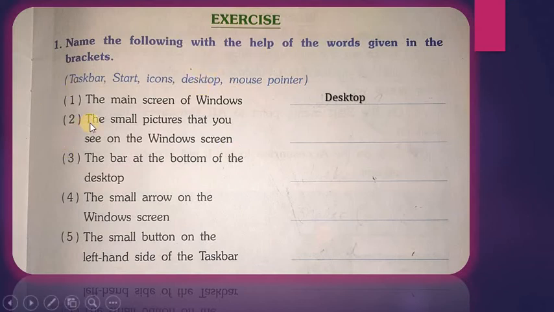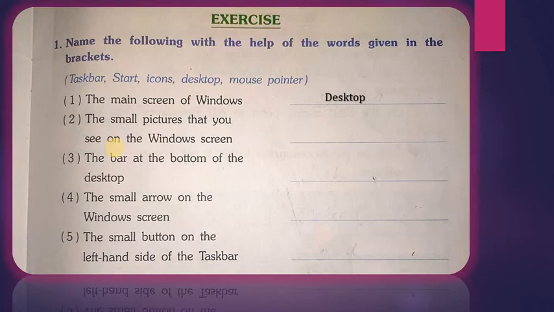Now see the second one. The small pictures that you see on the Windows screen. What am I calling the small pictures? Whenever you turn on the computer, the monitor screen displays the desktop screen, right?